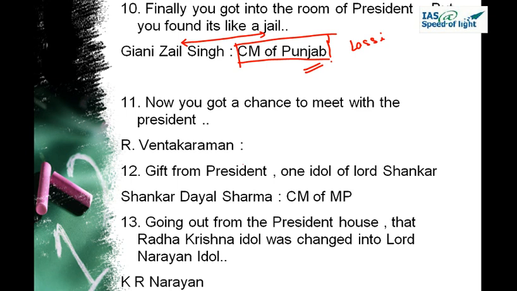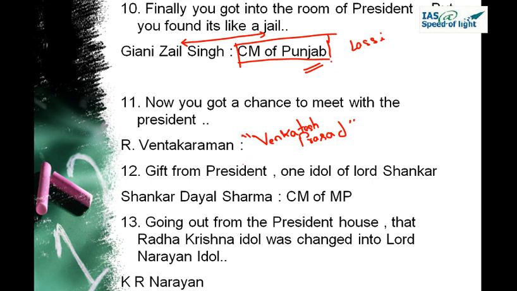Venkatesh Prasad. Okay, Venkatesh Prasad was an Indian cricketer, an Indian fast bowler. Venkatesh Prasad was sitting with the president, and here for the present president, we can visualize Pranab Mukherjee as our picture of president.